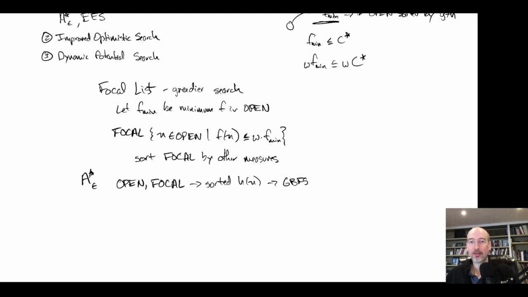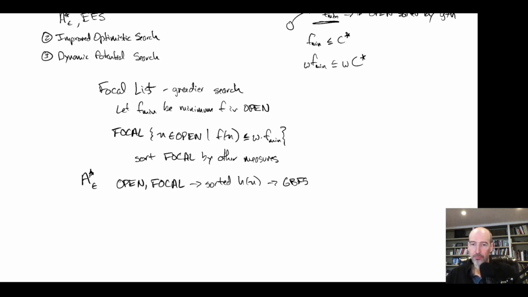But the idea is that we're going to say, look, I prefer just to go greedily towards the goal. I'm going to do that as long as I can. But what's going to happen is at some point I'm going to say, well, I've gone greedily too far. And so now what I need to do is some more proving. I need to basically raise F min so that I'm able to continue my search up.